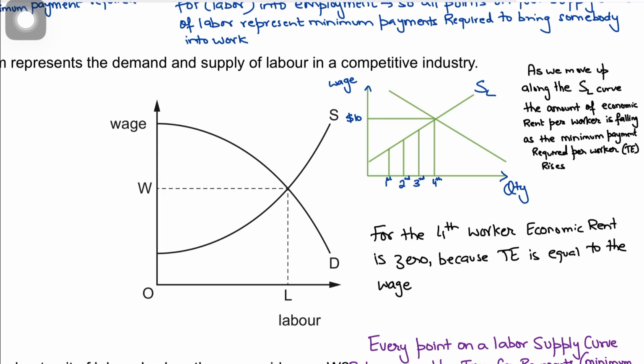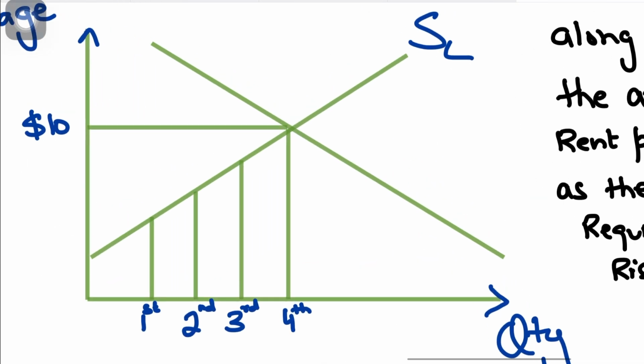So let's say the first workers, the initial workers who enter that occupation, or the first few workers, are usually those who are most suited to it or who have the least attractive alternatives elsewhere. So they're willing to work for relatively low wages. That's why their transfer earnings are low.